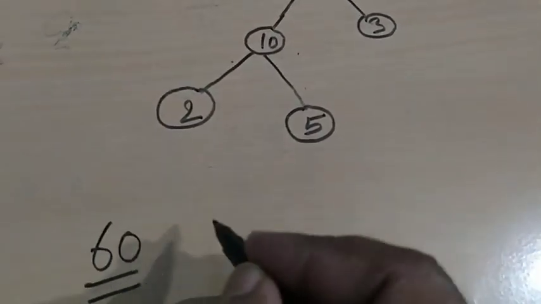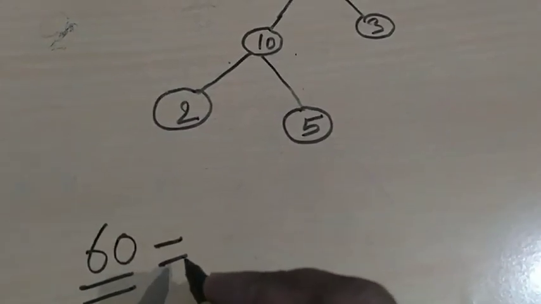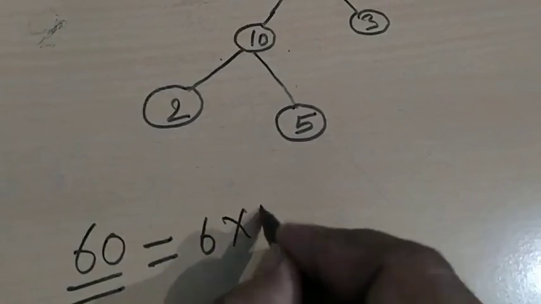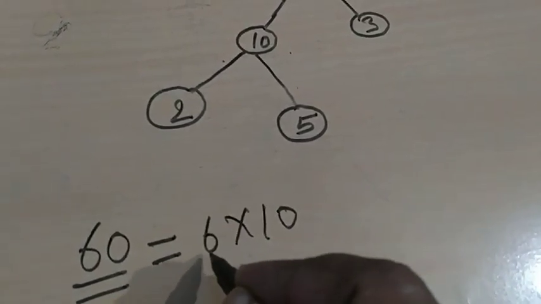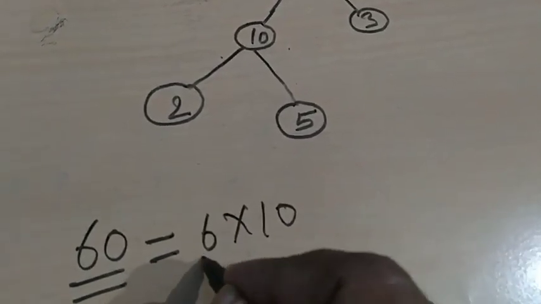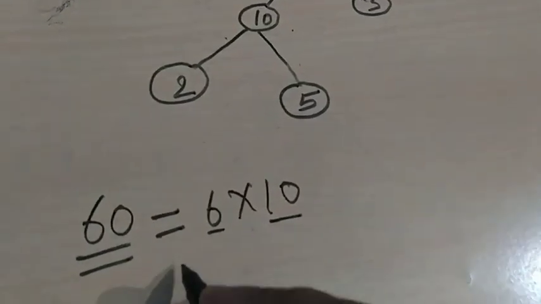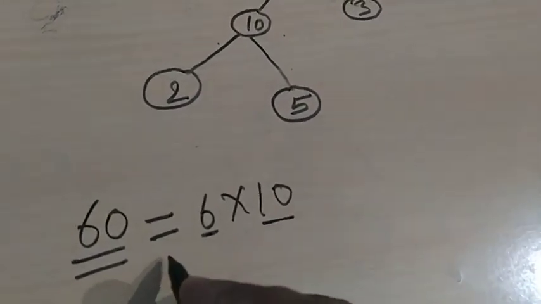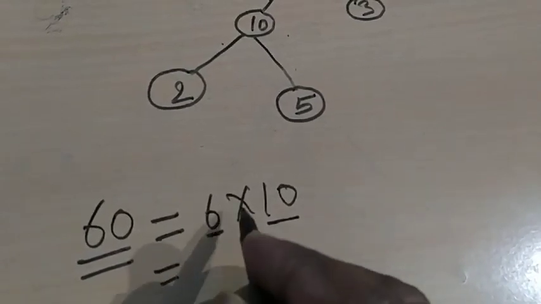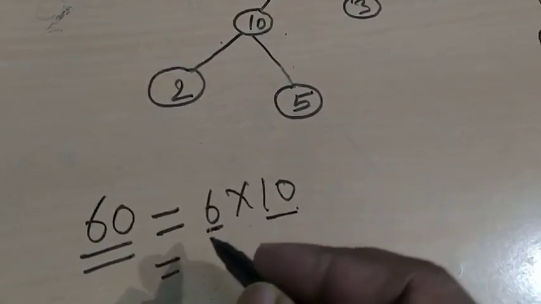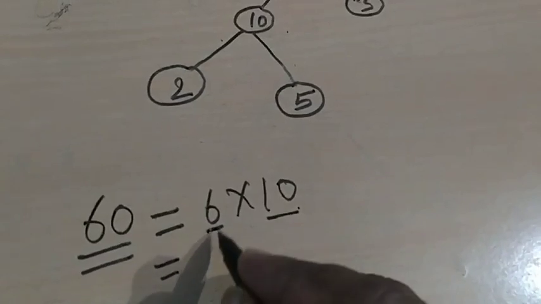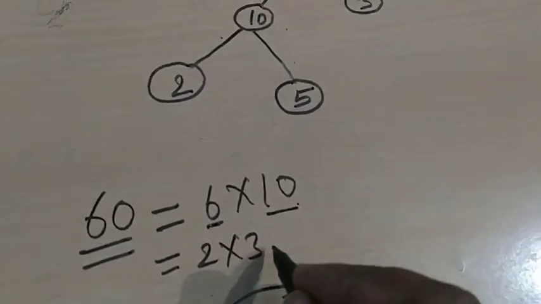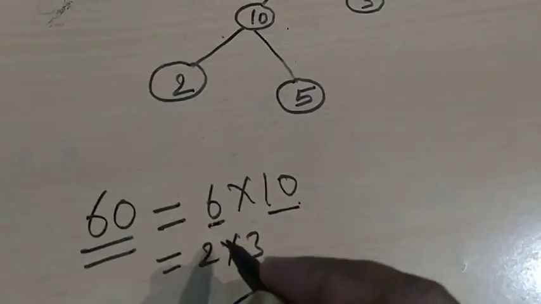Okay, if you break it in the form of the product of prime numbers, you can write it 6 into 10. This is not prime factorization, because you can see here both are composite numbers. This is factorization, but not prime factorization, because these are composite numbers. Okay, if you write 6 as 2 into 3, both are prime numbers, so this is prime factorization of 6.